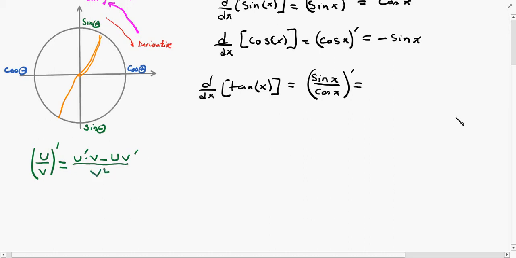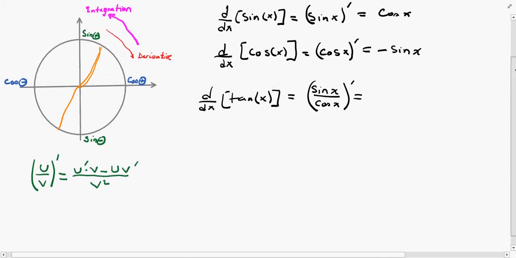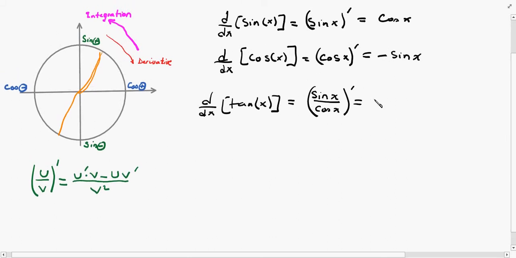So let's assume that the sine is u here. The derivative of the sine, that's what we said here, is cosine, so we're going to put cosine of x times v, which is also cosine of x, minus the derivative of the cosine, which is minus sine.